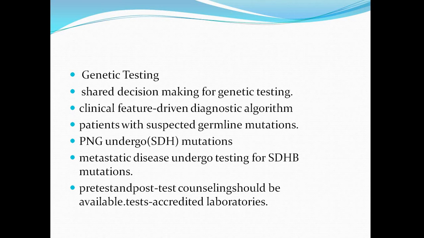Genetic testing is a shared decision making. That means the patient should know what he's being tested for. As I've already shown you before, there's an algorithm. It's driven by the clinical features, and people who have suspected germline mutations, who have other features like features of VHL or NF, and in metastatic disease, because SDHB mutations could be there.